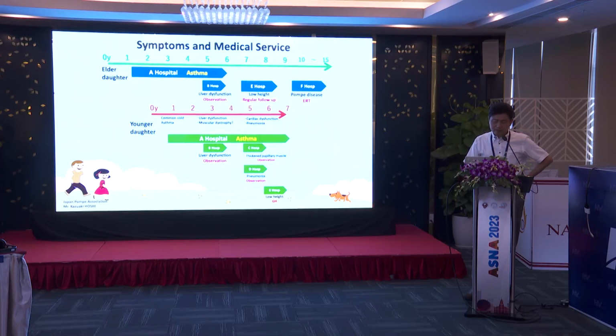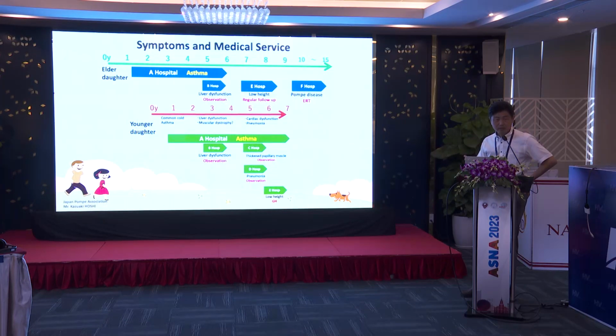This is the slide given by the former president of the Patient Society for Pompe disease in Japan. They had 2 daughters. The elder daughter had asthma and liver dysfunction, whatever, so she was just followed up. The daughter 2 years younger also had a very similar condition. And at the last moment, she developed cardiomyopathy.